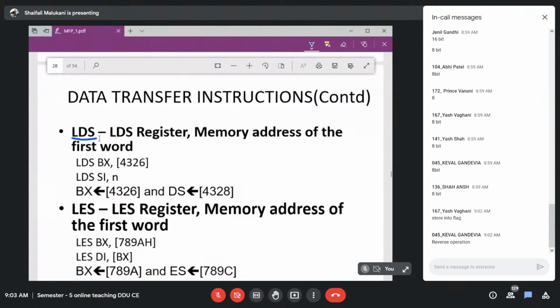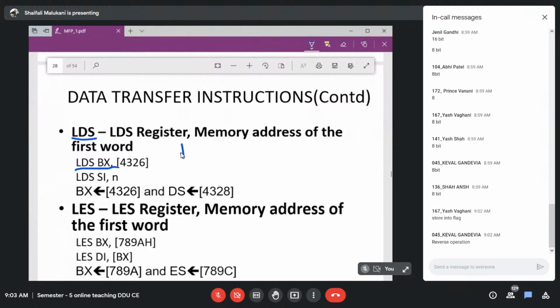Load DS. Okay, so what is that? This is load DS along with BX. What are we storing here?